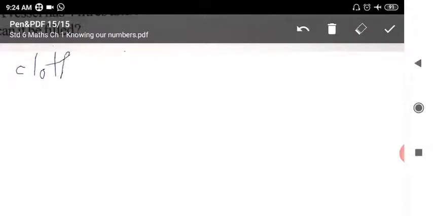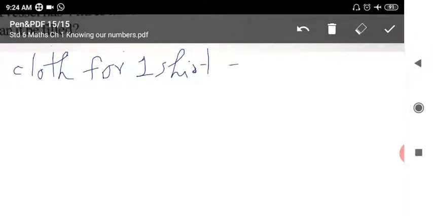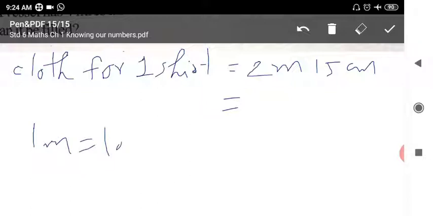Cloth for one shirt is 2 meter and 15 centimeter. So first we will convert totally into centimeter. 1 meter means 100 centimeter.